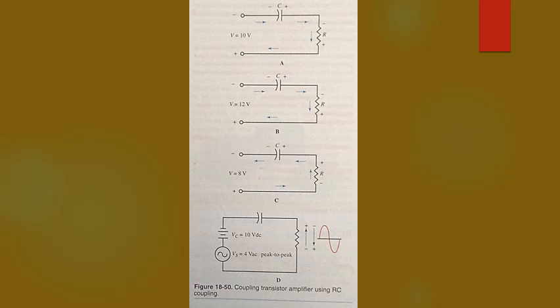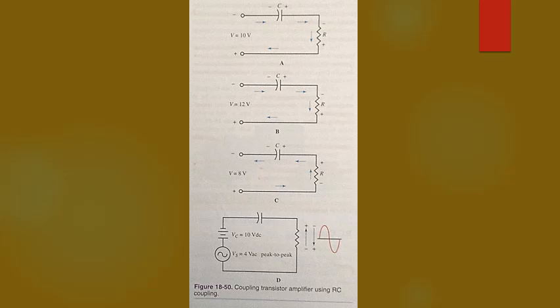The charging current will produce a brief 2-volt pulse across R in the polarity shown. If the source voltage is changed to 8 volts, C will discharge to 8 volts. Part C of figure 18-50. The discharge current will produce a brief voltage pulse across R in the polarity shown.